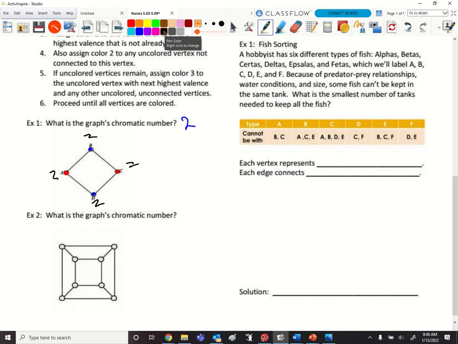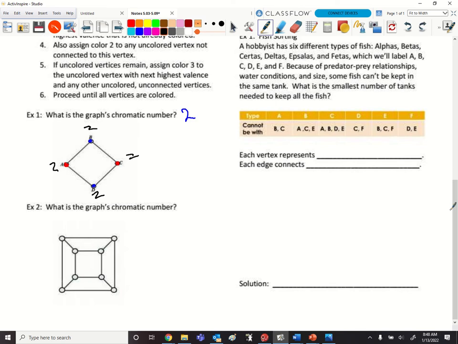The highest number of vertices. Let's go through and count them. So this one, the valence on this one is going to be 3. The valence here is 3, right?